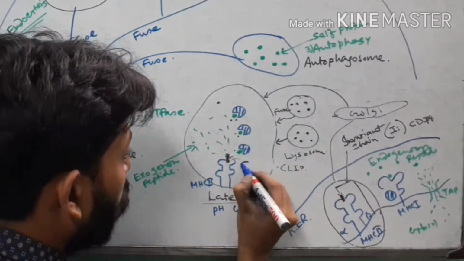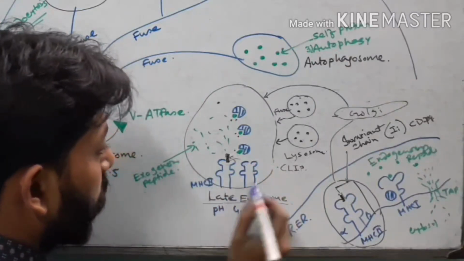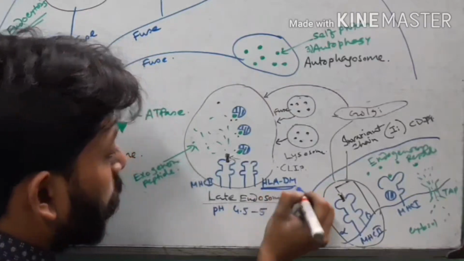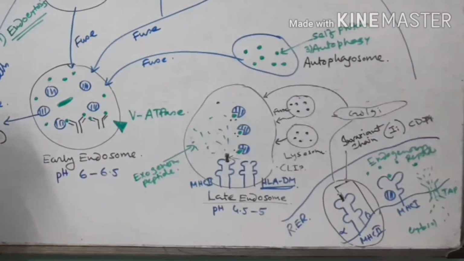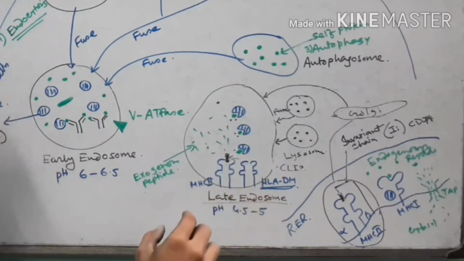So there is also a type of class II MHC molecule already present in the late endosome called HLA-DM. HLA-DM is a non-classical class II MHC molecule. When this HLA-DM is very close to the MHC2 molecule, what happens?